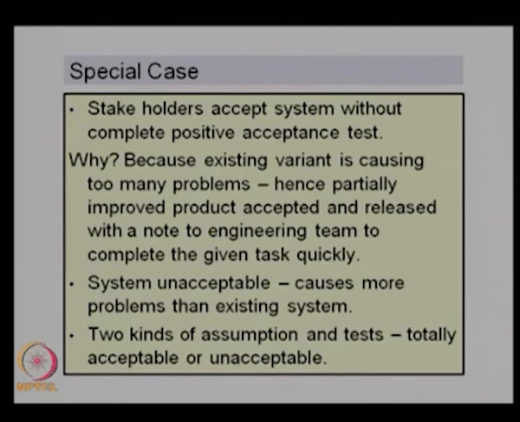So, you assume that it is acceptable and then conduct tests to prove that it is not acceptable, and if this test fails, then it is acceptable. Similarly, you assume that it is unacceptable and then carry out the test to prove that it is acceptable, and if the test succeeds, then the system will be accepted. So, this way we can have two kinds of assumptions and tests to carry out the acceptance test.